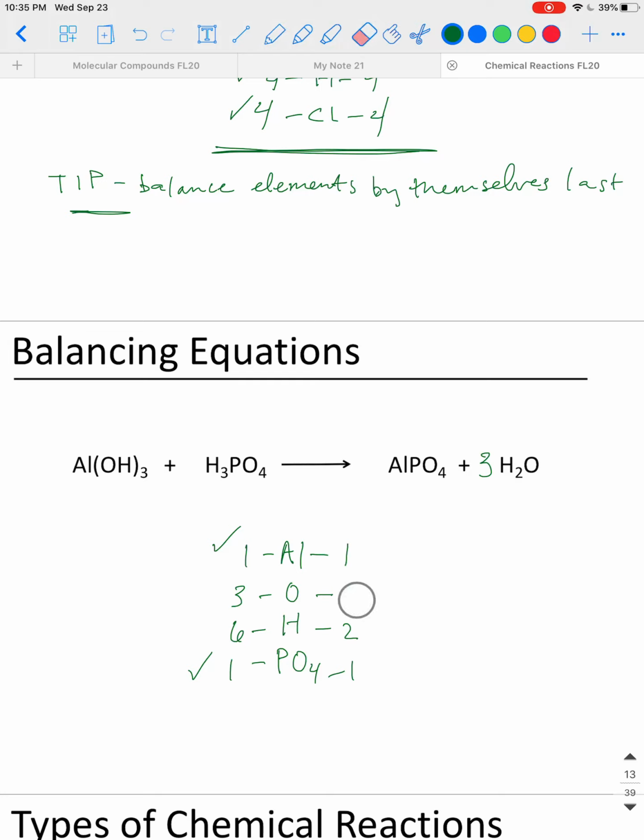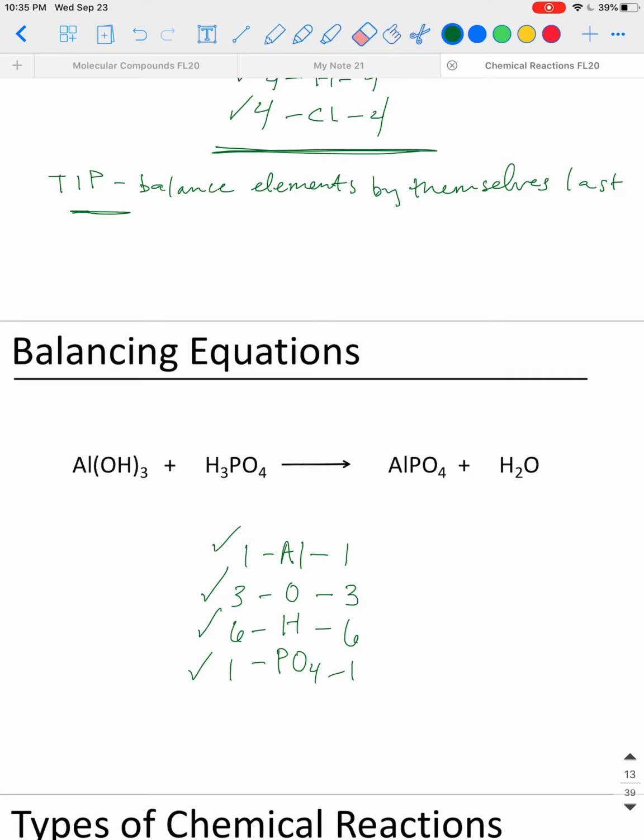Let's just see. Sometimes it's trial and error. Well, now I have 3 oxygens. That balances. And then 3 times 2 gives me 6 hydrogens. And I did not expect it to be that simple, but everything is balanced now.